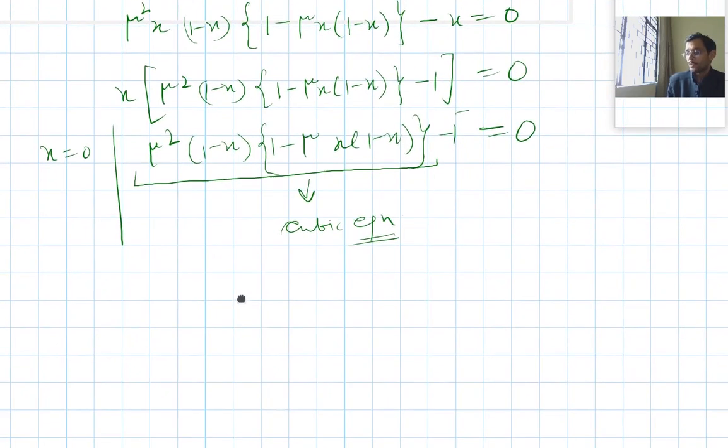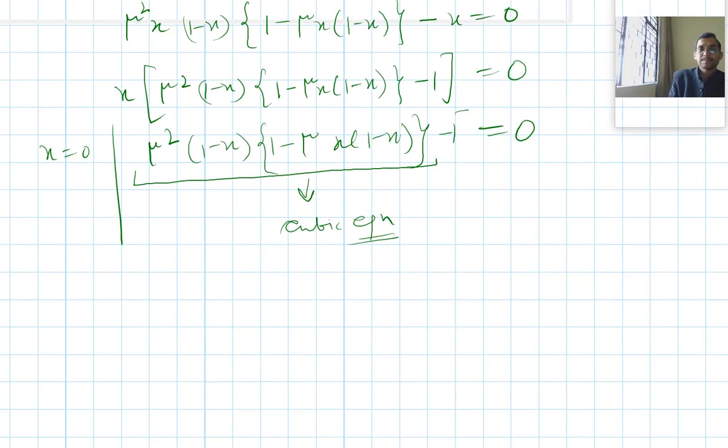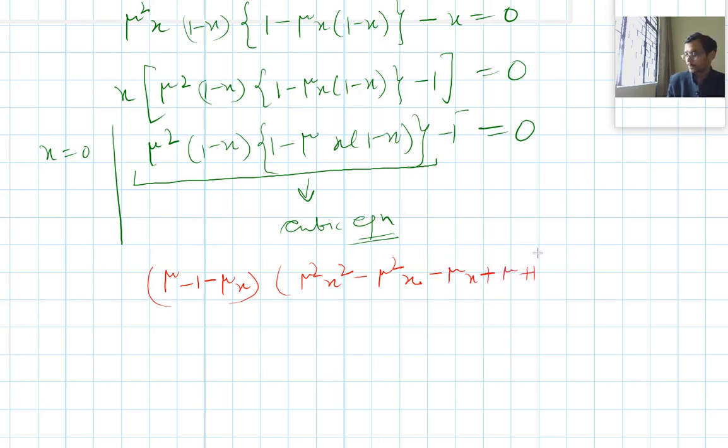and after doing a little algebra I can make its factors, and its factors are like this: mu minus 1 minus mu x, into mu square x square minus mu square x minus mu x plus mu plus 1, right?